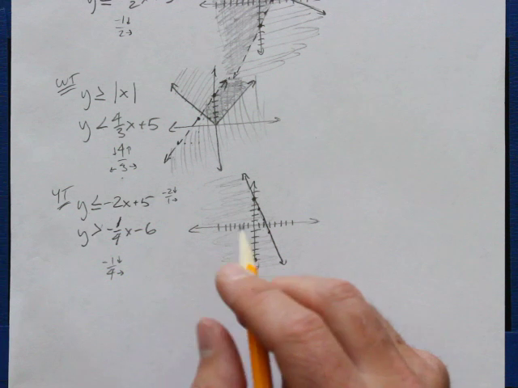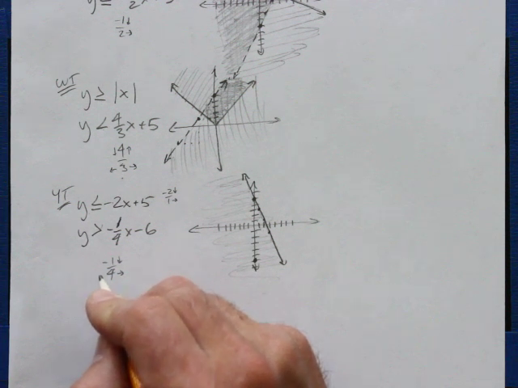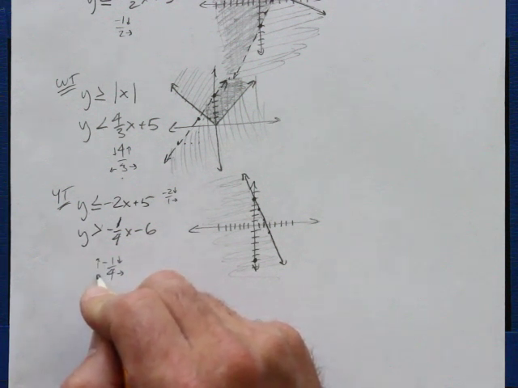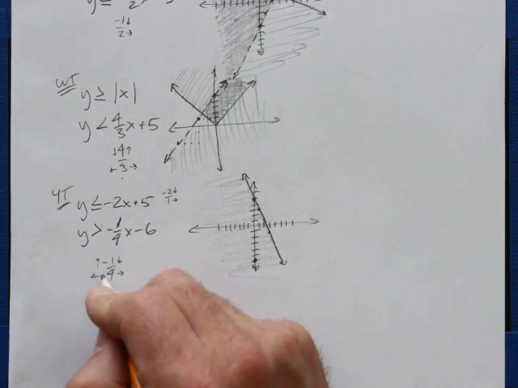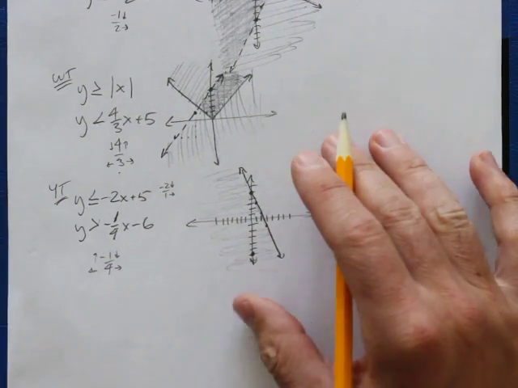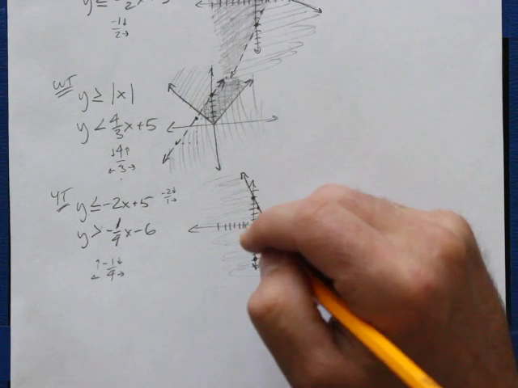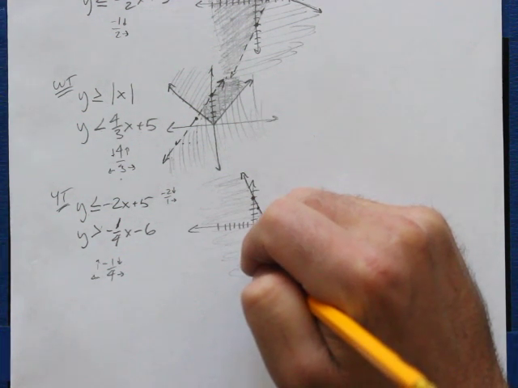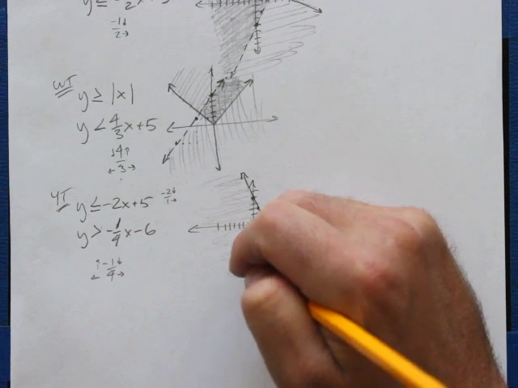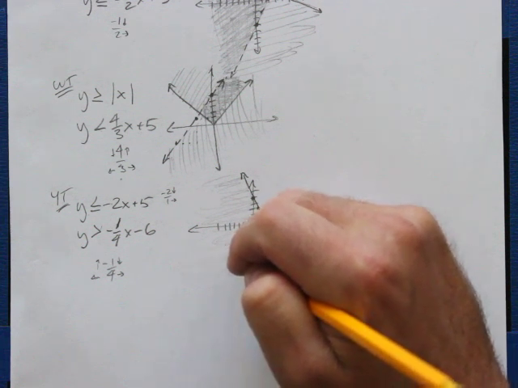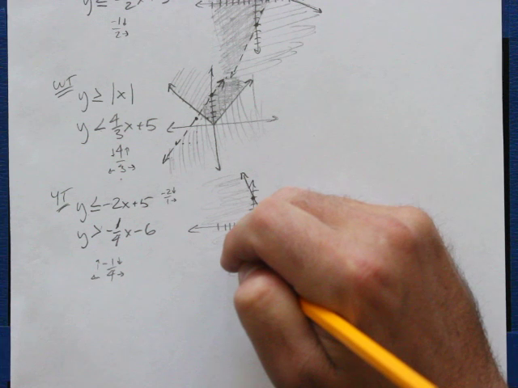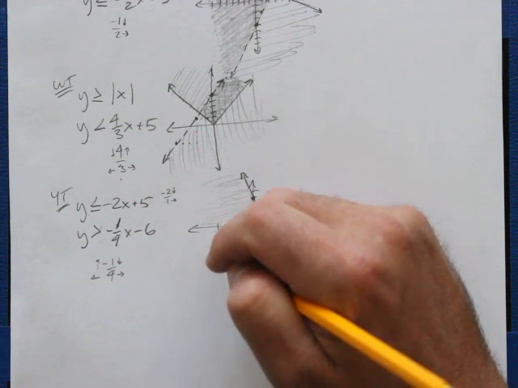I'm already pretty low here, so I'm going to go up 1 and back 4. So notice I'm doing the opposite of both of them, and I should end up with the same line. So I go up 1 and then over to the left 4. 1, 2, 3, 4. There's my point.